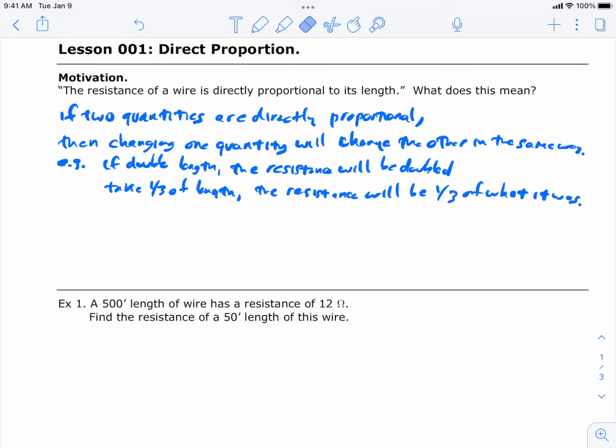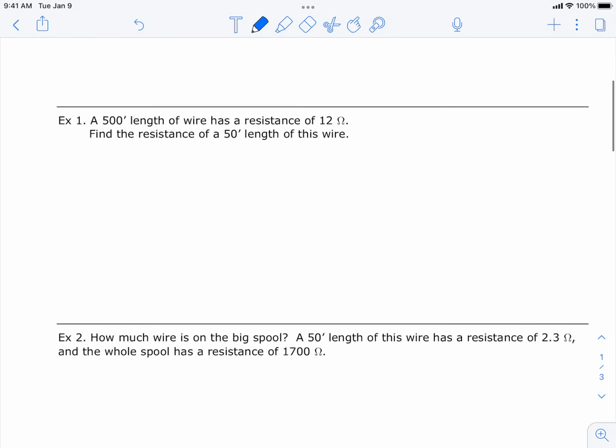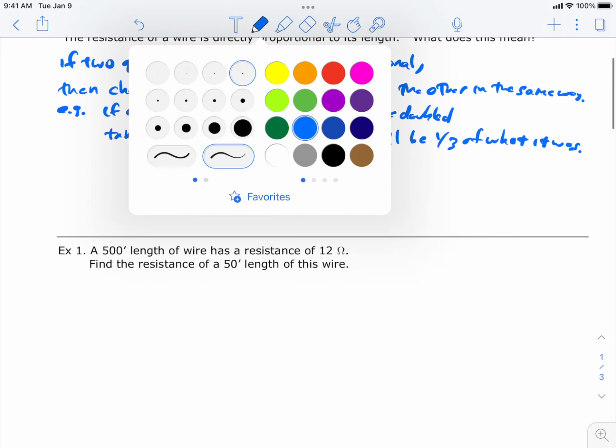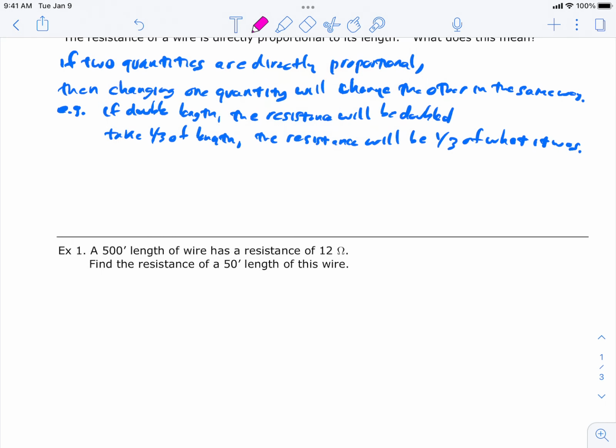So if you want to say this really briefly, and I do, let's say it in a nice color: the ratio of resistance to length will stay the same.